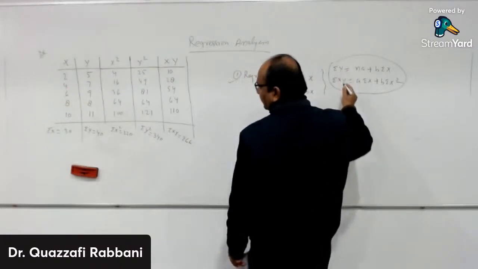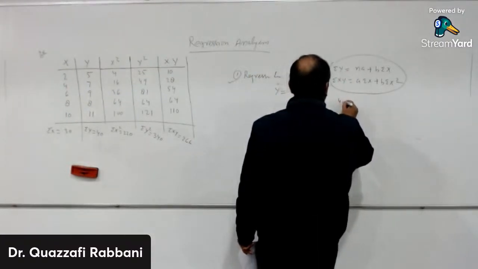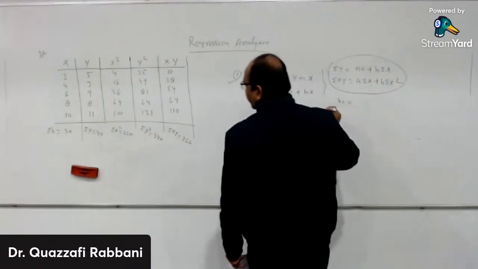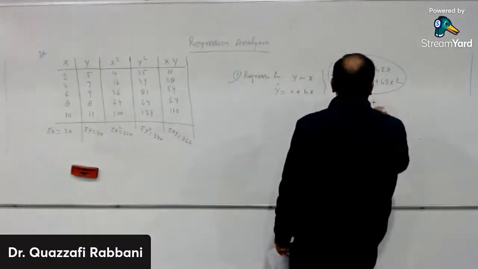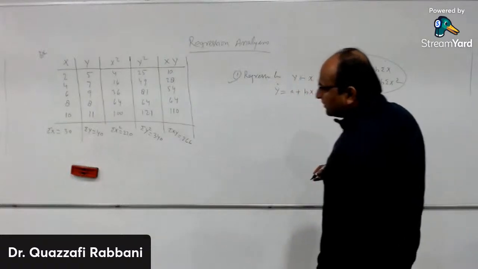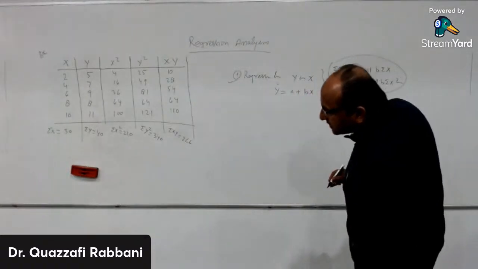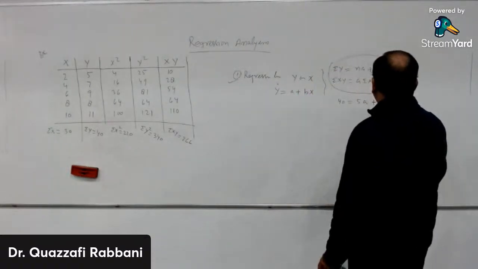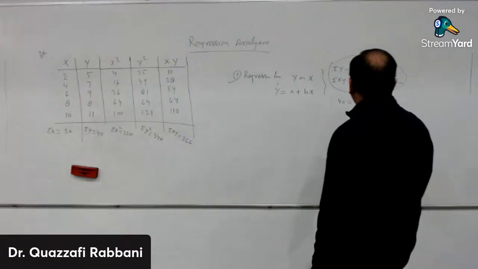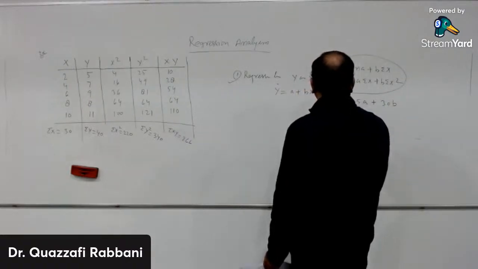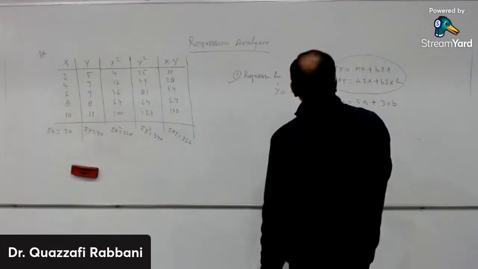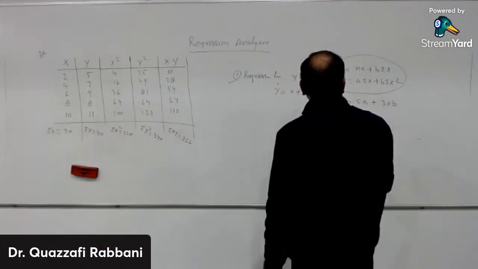Sum of y, this is 40. 40 is equal to na. N is the number of observations. This is 5a plus b summation x. B summation x is equal to 30b. And summation xy, 226, is equal to a summation x.